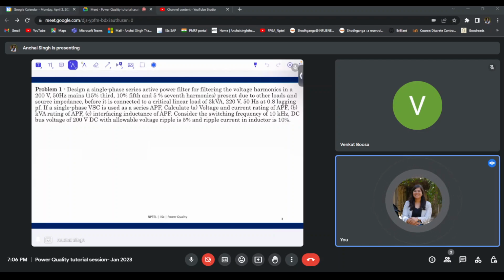So in this particular problem, you could imagine the system to be something like this. So if this is your single phase AC voltage and this is your coupling transformer series filter, this is your secondary winding for the coupling transformer, this is your series active power filter, and then there is this load.